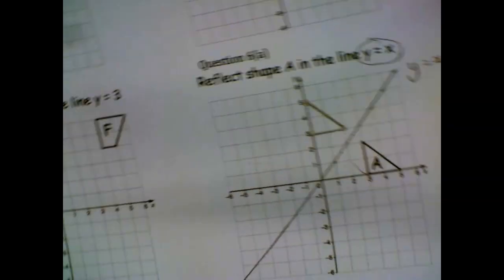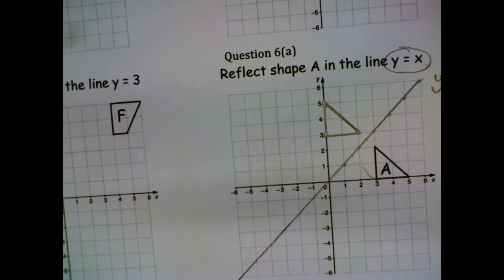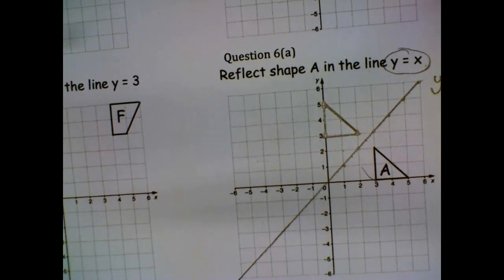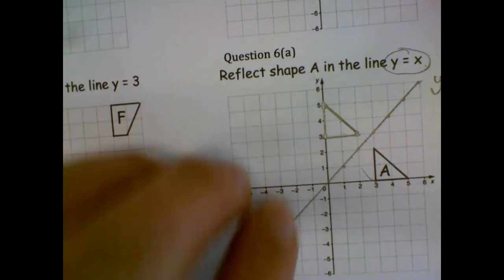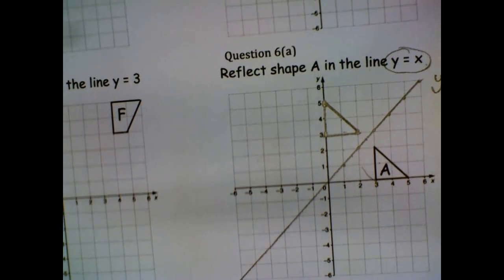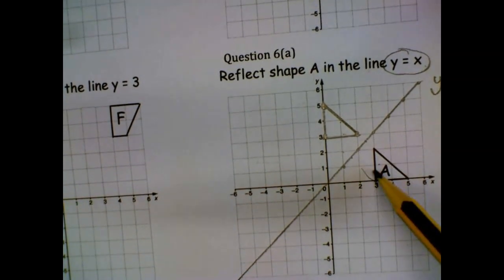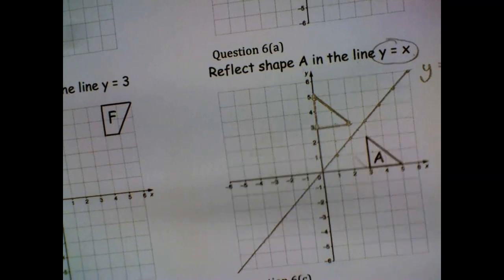So that's that shape reflected in the diagonal there. And you can see everything's the same distance away. It looks a bit weird when you're trying to get your head around where it's gone because it's actually like spun around. So that's actually gone to there and that's actually gone to there, but you can't really see with your eyes because they're both 2, we can see it's like that.